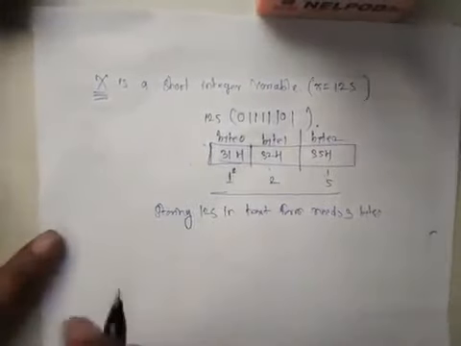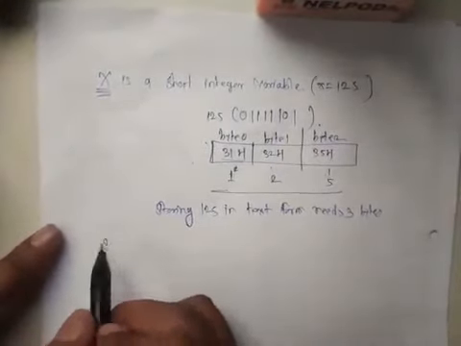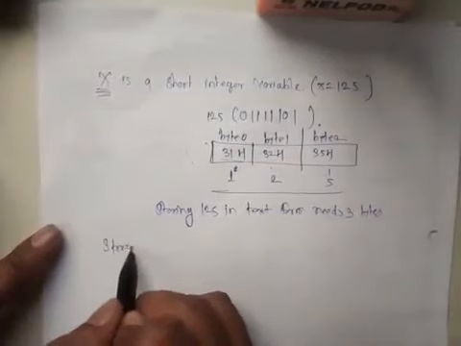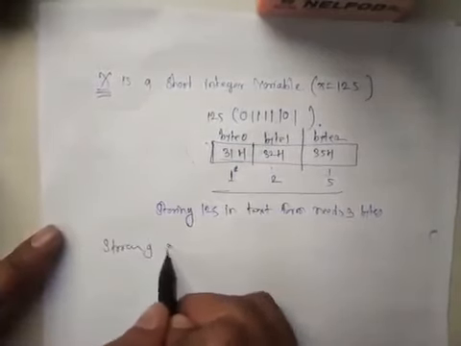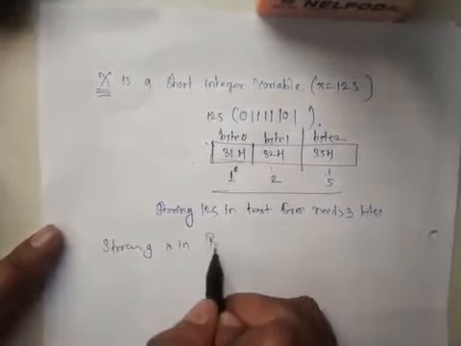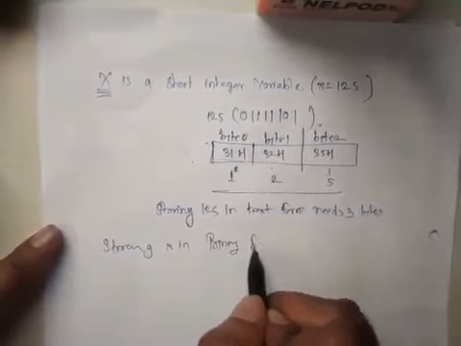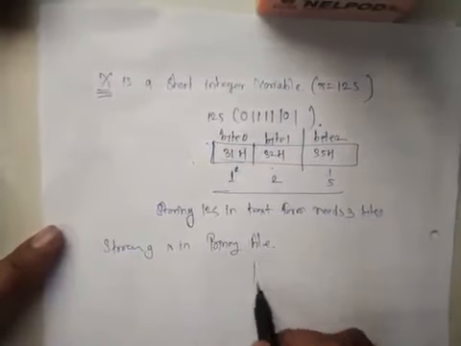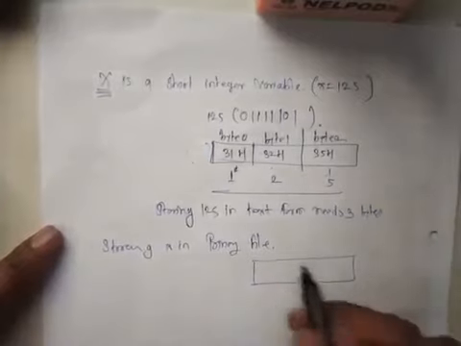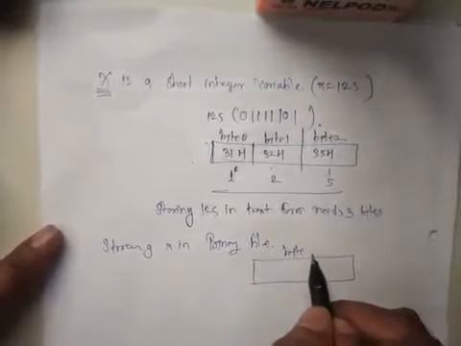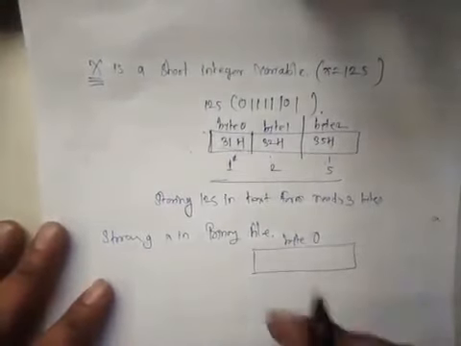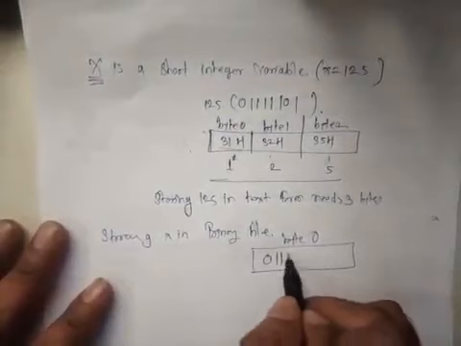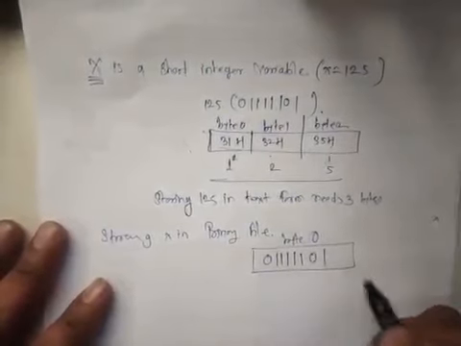And storing that x in a binary file is very simple. In byte 0, we simply put this 8-bit representation in a single byte, that is 0 1 1 1 1 1 0 1.